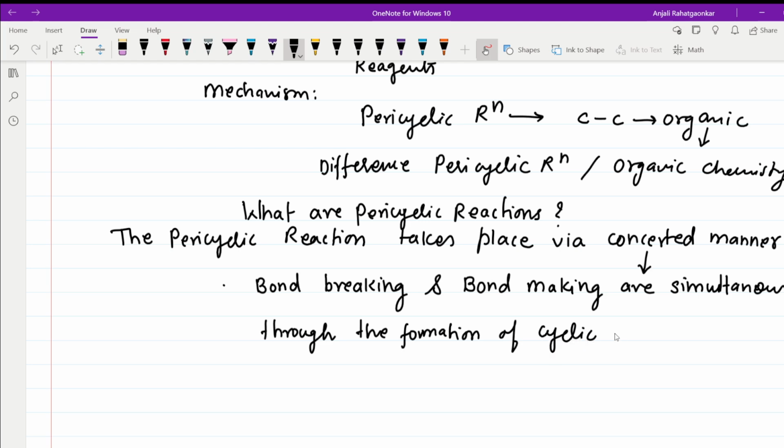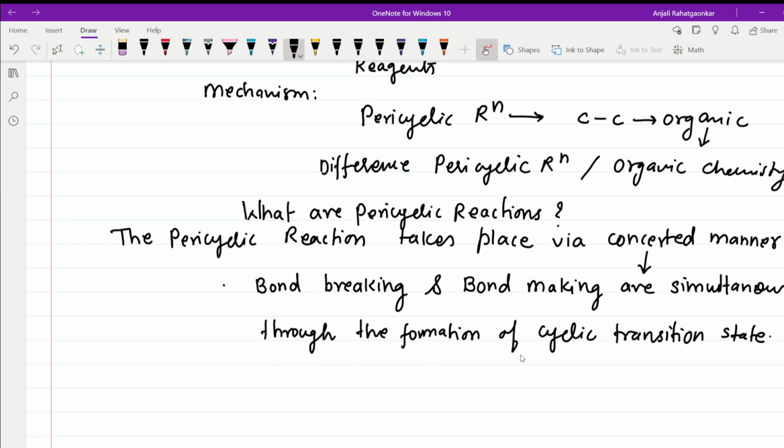This is exactly the definition of a pericyclic reaction: it takes place via a concerted manner. And the meaning of concerted is that the bond breaking and bond making in the reaction are simultaneous and occur through the formation of a cyclic transition state.